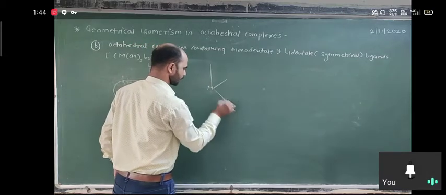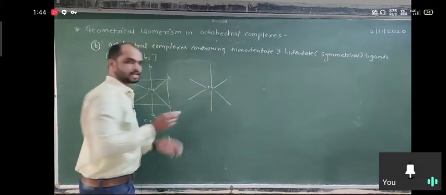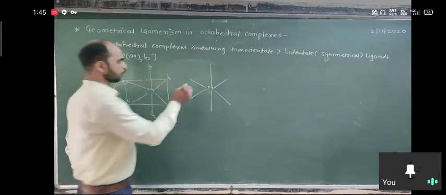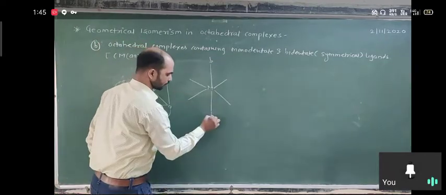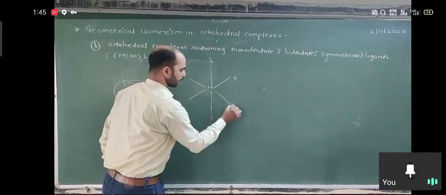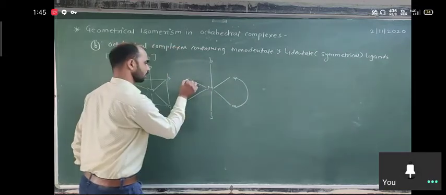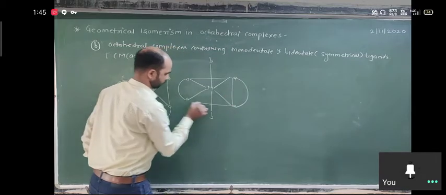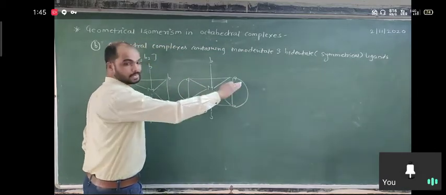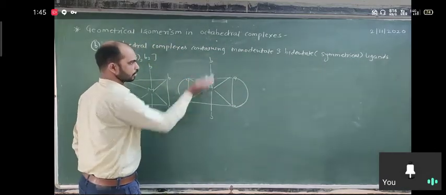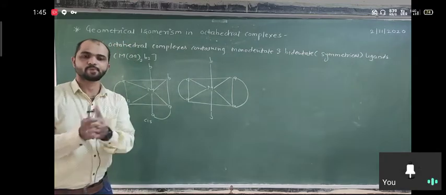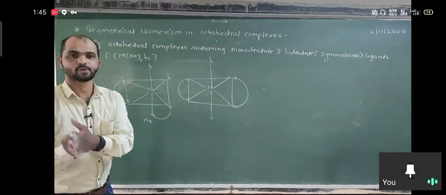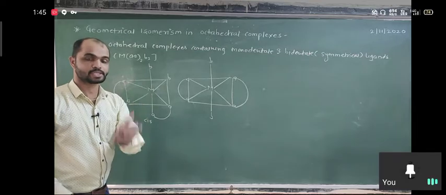For trans, what happens? Here cis and trans are based on BB. So both the B are opposite to each other, which means AA is part of the plane. So in a plane, that's why we bisect the molecule. So A is here, same as A4B2, but there A4 is monodentate.